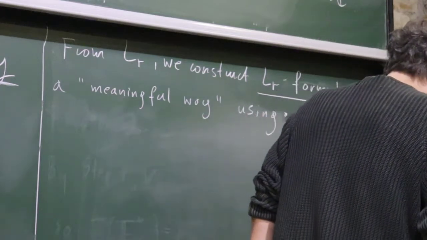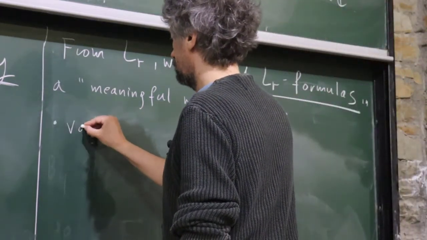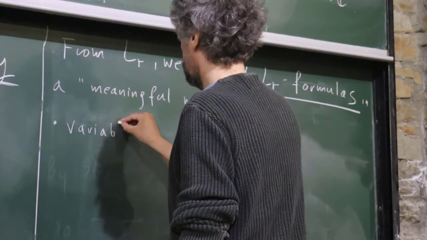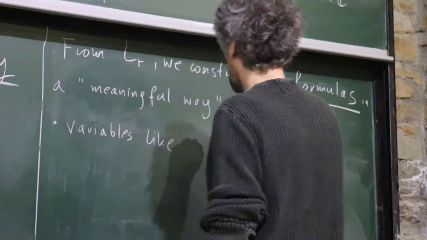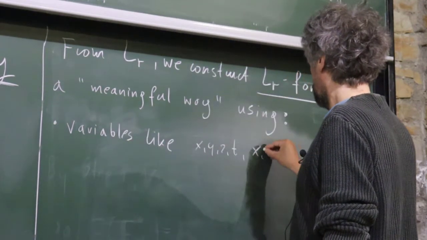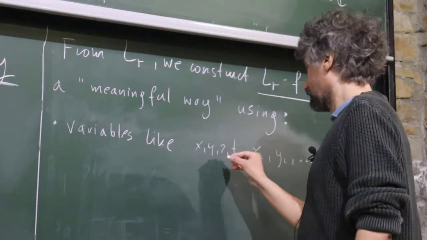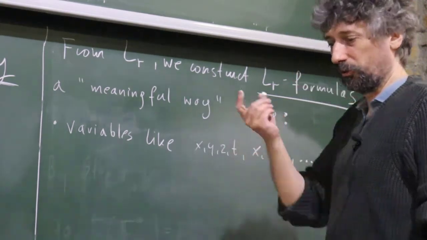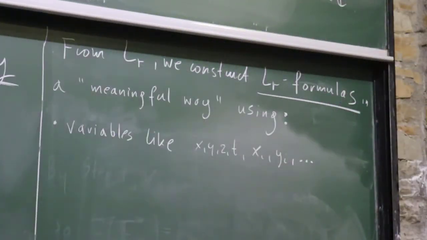So using variables, like x, y, z, t, x_i, y_i, which are also symbols which you customarily use to denote variables.